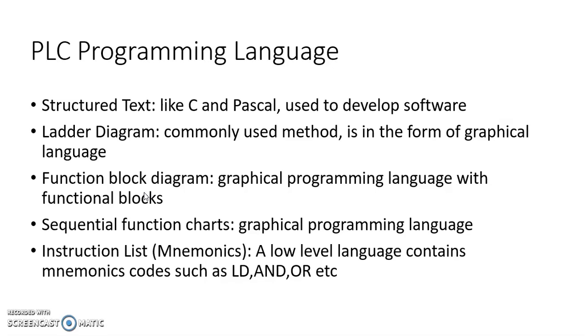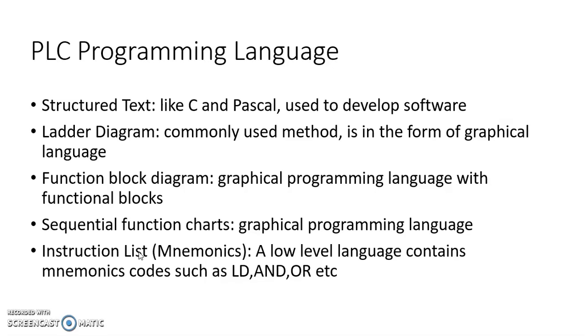Third one is functional block diagram. It is a graphical programming language, uses logic for digital signals and numeric functional blocks. Fourth one is sequential function charts, a graphical programming language built around state transition diagram, developing control sequence programs that are time and event driven. And fifth one is instruction-based mnemonics.